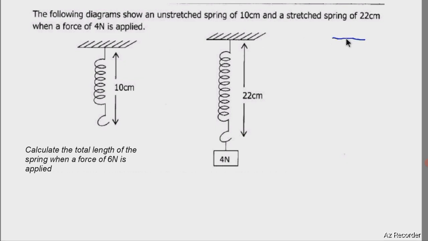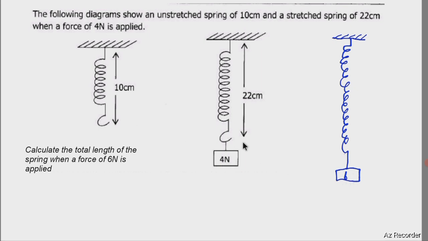We just try to roughly draw it, and now this one should be longer than the other one, because the force that is applied here is 6 Newton. So we're saying that we have a 6 Newton force.